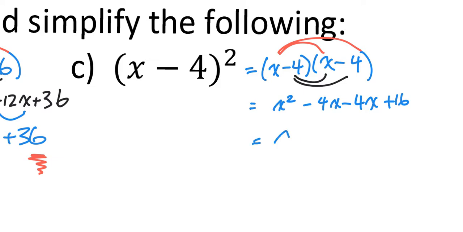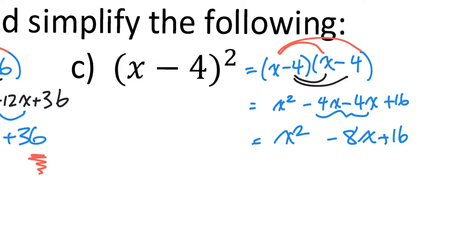So we end up with x squared, and we know we end up with 16 at the end, and in the middle we add those two together, -4x and -4x is -8x. Alright, we're done: plus 16 at the end.